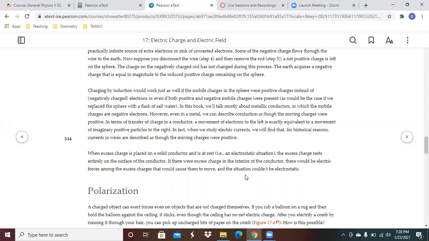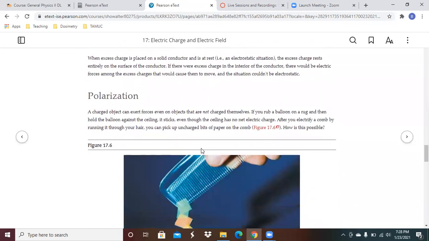When excess charge is placed on a solid conductor and is at rest, the excess charge rests entirely on the surface of the conductor. If there were excess charges in the interior of the conductor, there would be electric forces among the excess charges that would cause them to move, and the situation would not be considered electrostatic. In other words, static being not moving.